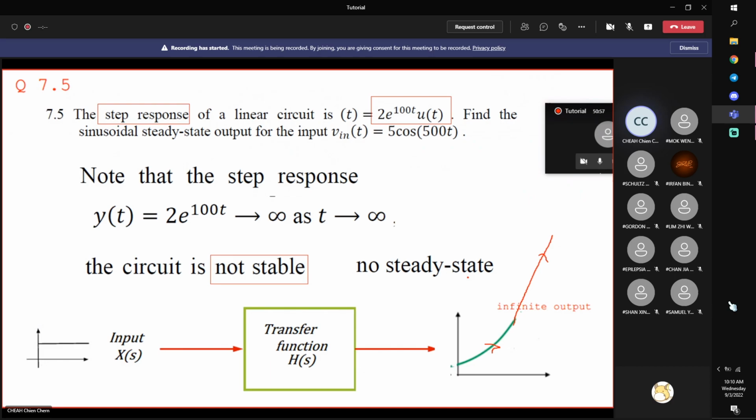Of course, one way to test whether it is stable or not is to pump in an input and then check whether your output goes to infinity or not. But you know that this is not the right thing to do because it's dangerous. It means you'll burn something, trip the circuit breakers, or lead to some serious problems, like fire hazards. So as engineers, we need to first ensure that this will not happen.